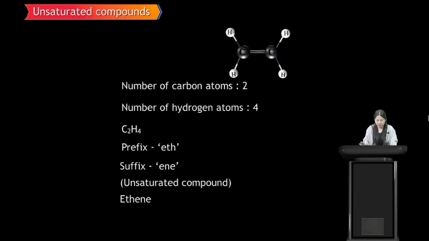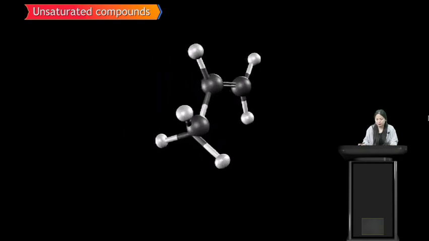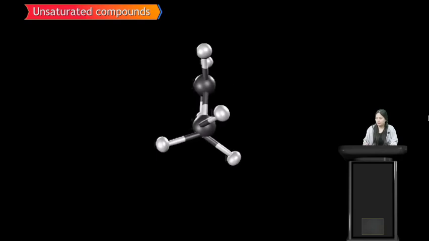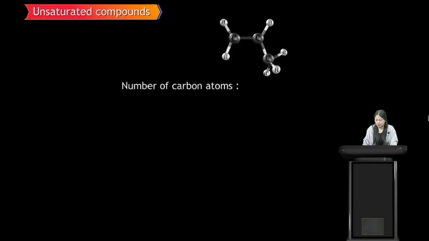Let us see more examples. We have another example here. In this compound, we have 3 carbon atoms and we can see 1 double bond. So this is also an alkene. The number of carbon atoms in this compound is 3. The number of hydrogen atoms is 6. So the chemical formula of this compound will be C3H6.